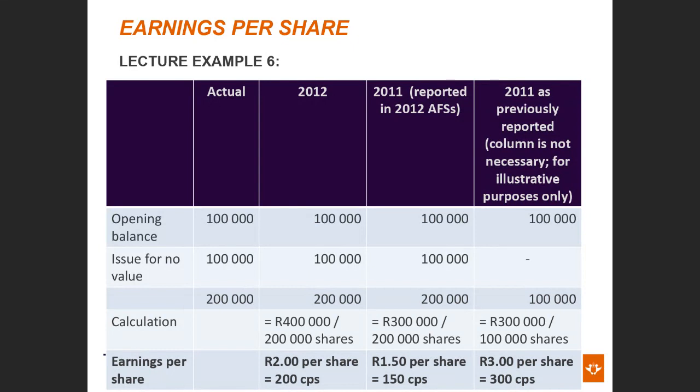Previously, in the financial statements in 2011, we would not have recorded this capitalization issue, and that is correct because it didn't happen then. But in terms of calculating our earnings per share, we need to show the issue for no value as well as the 100,000 in the prior year.